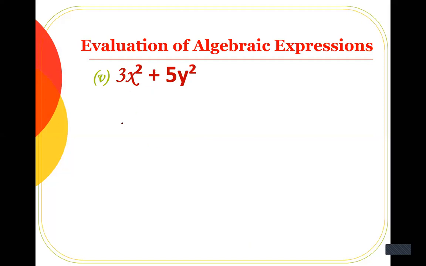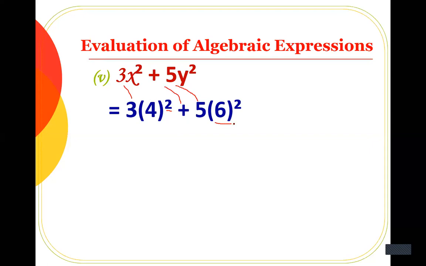How will you write it? You will simply write it down in this way. You will write 3, then replace x with 4 but write it down inside the bracket, and then your exponent 2, then the sign of addition, then 5, then replace y with 6 but write it down inside the bracket, and then your exponent 2.